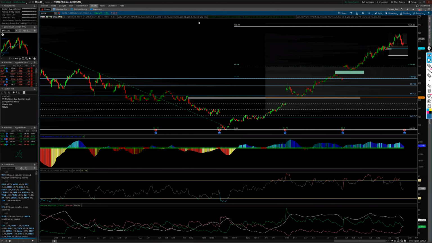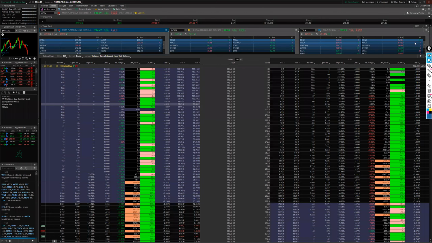Say you think it goes to 320. Its expected move is how much? $30. You think it goes to 320, 330 area. If you think that, you can do a debit spread.